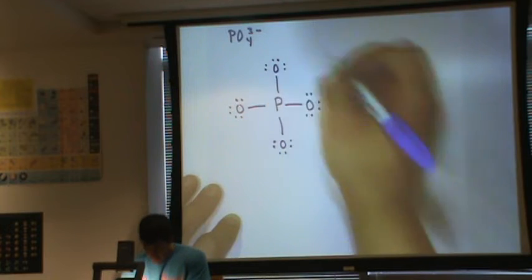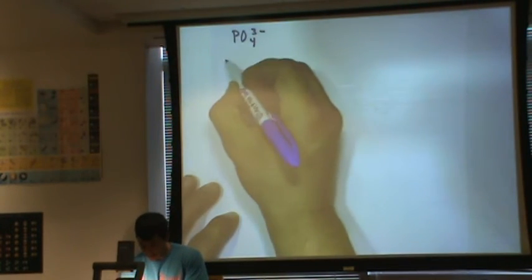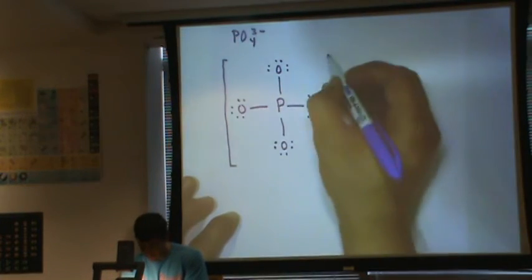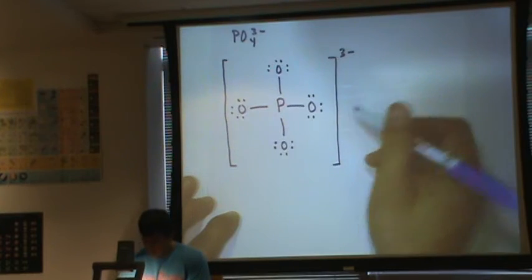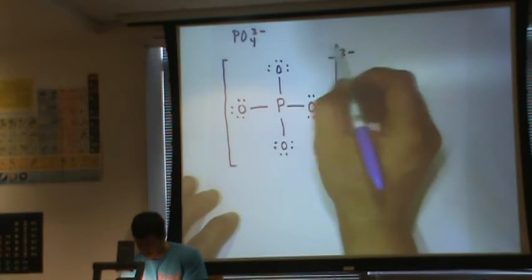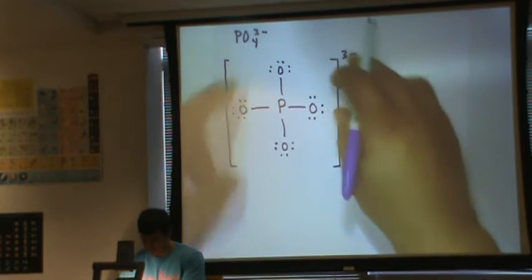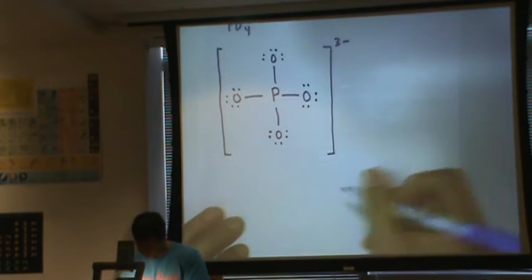And whenever you have a molecule that has a charge, such as phosphate, which has a 3- charge, you always draw large brackets and put the charge up at the top right. Some professors also like to draw just a corner like this and then put 3- instead of drawing the whole bracket. You'll especially see that if you take organic chemistry.